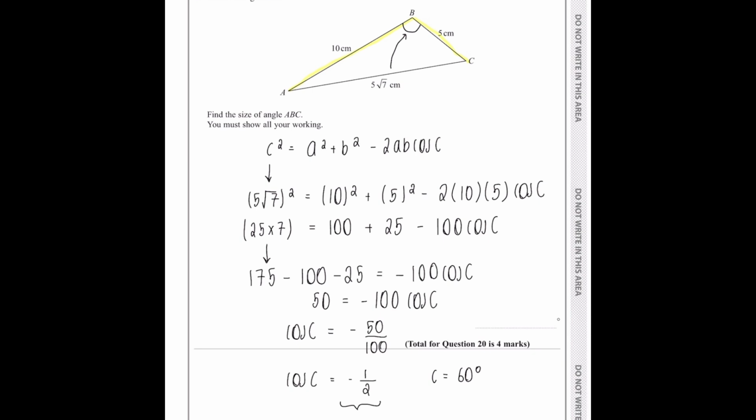It's not an acute angle, it's an obtuse angle. So what other degree can cos of c equal negative a half? That value is 180 take away 60, which is equal to 120 degrees. So our final answer is 120 degrees.